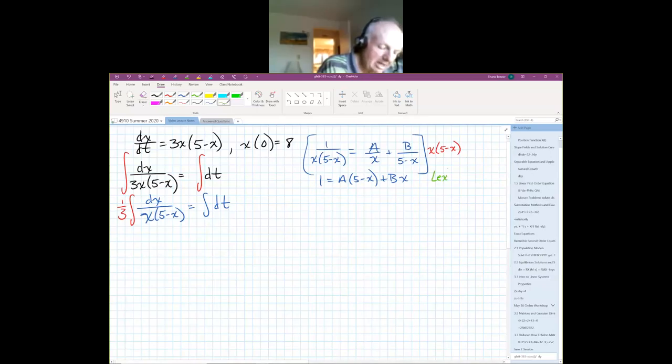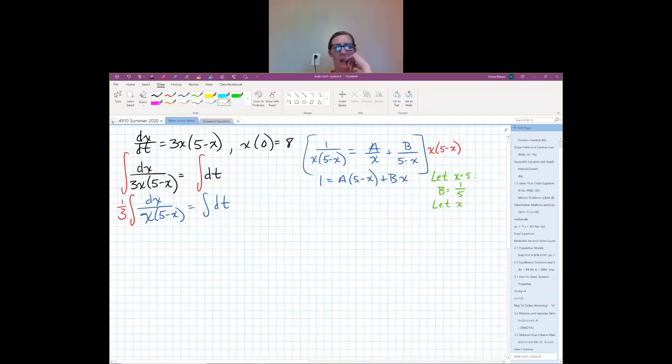And then we'll do a couple little substitutions. Let x equal 5. That wipes out the first term, and that tells us b equals 1/5, if I've done that correctly. Which is what I got anyway. Now let x equal 0, so that gives us a equals 1/5.